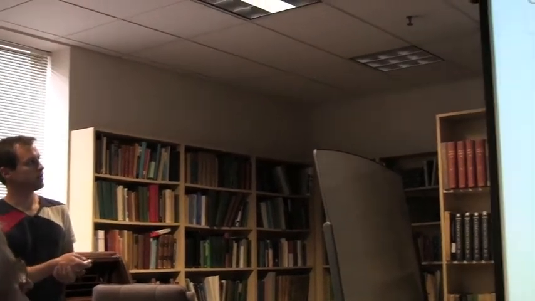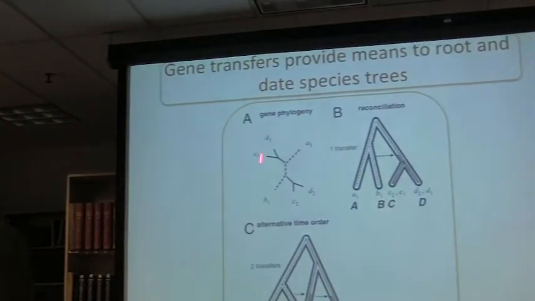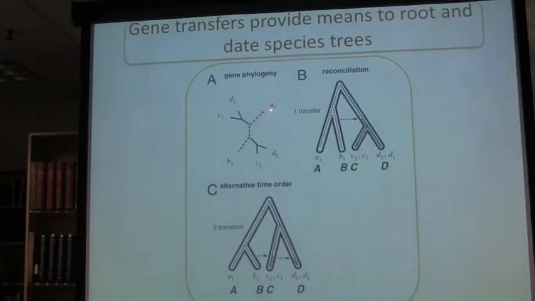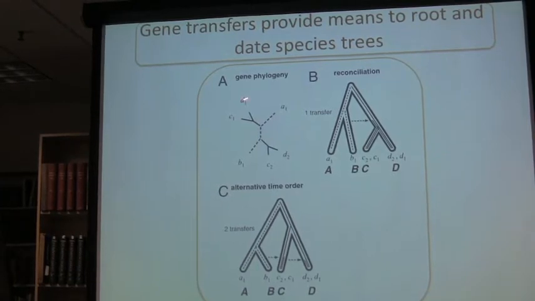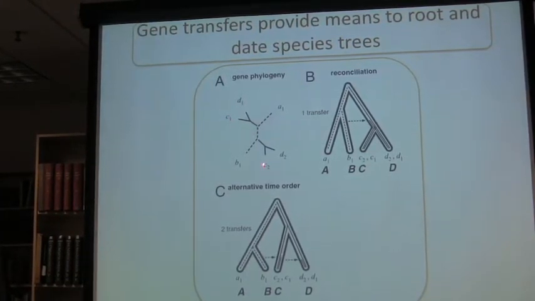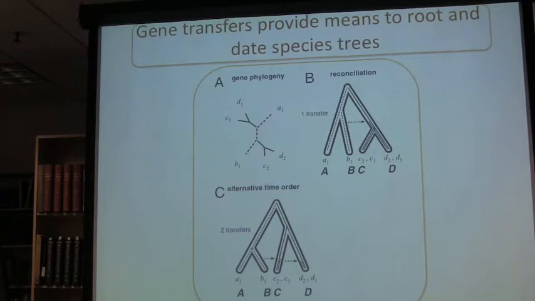So more formally, if we look at a given gene family, such as this one, which has genes in species A, B, two genes in species C and D, one copy there, one copy there, one copy there, one copy there.